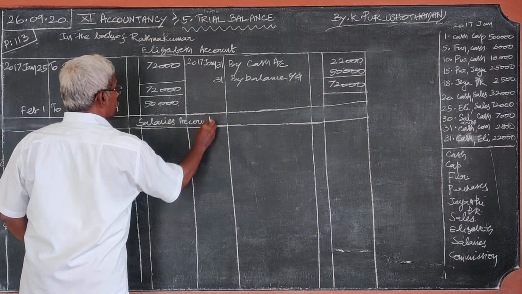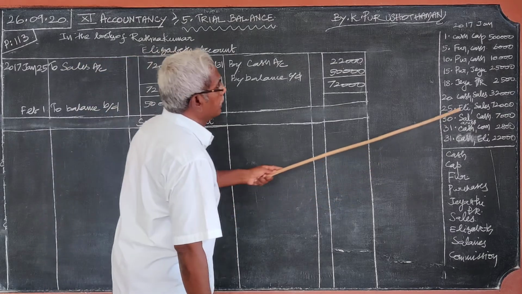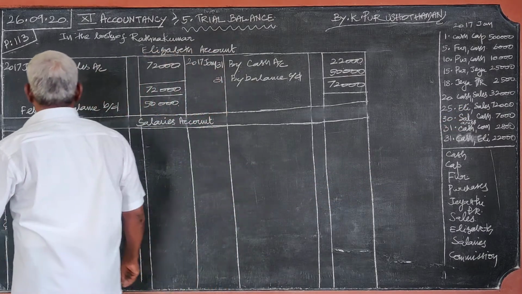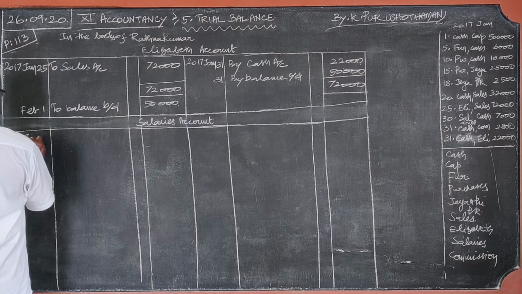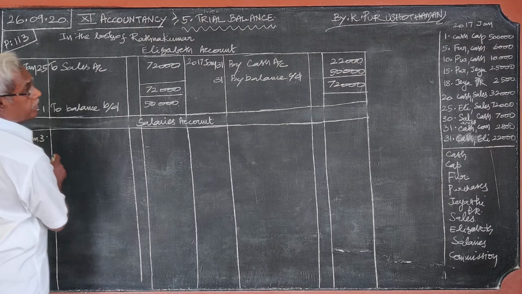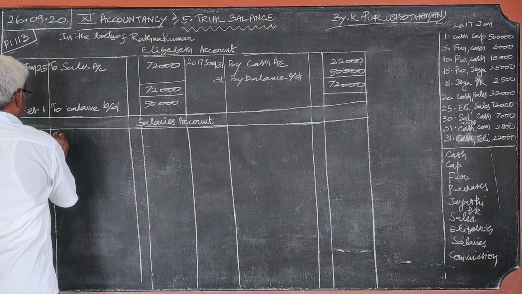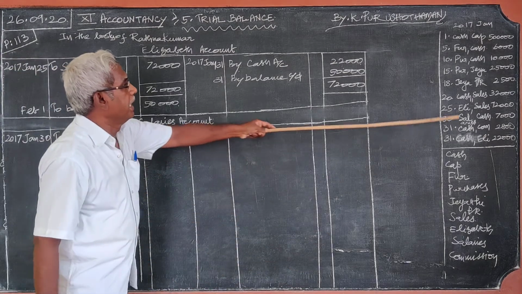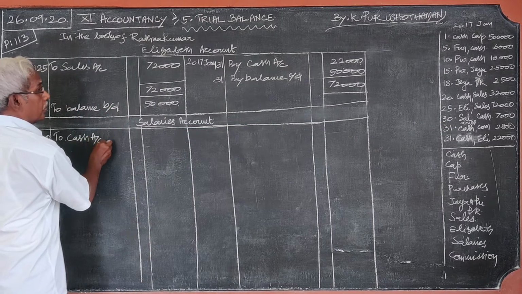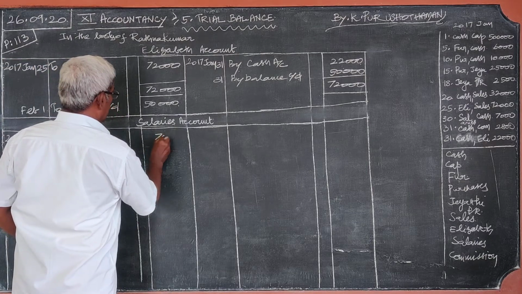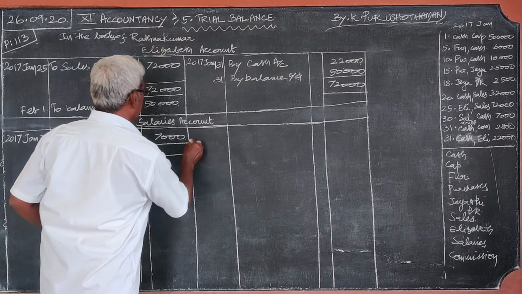This salaries account appears on the debit side. 2017 January 30th. On the debit side only it appears. What is coming along with the salary is cash. So, to cash account. What is the amount? 7,000. No more entry for salaries, therefore we can close the ledger.